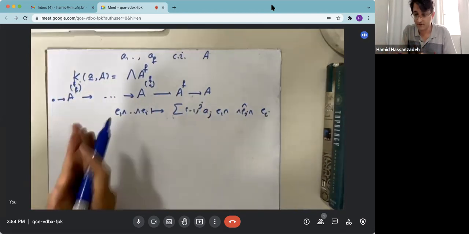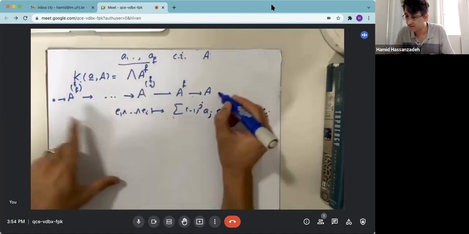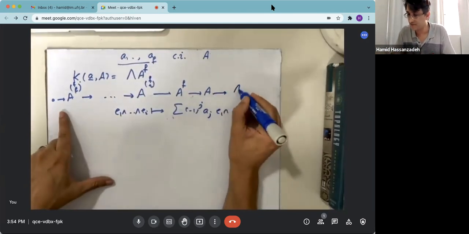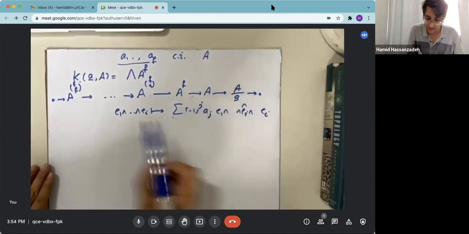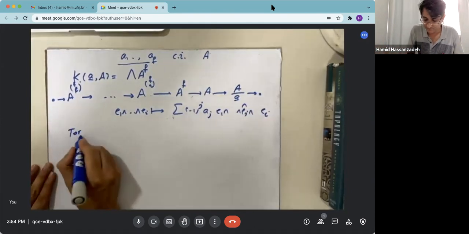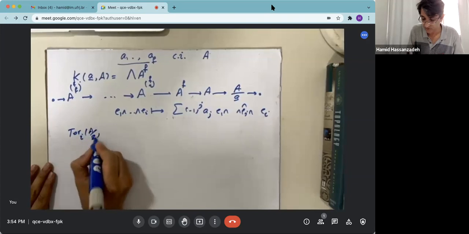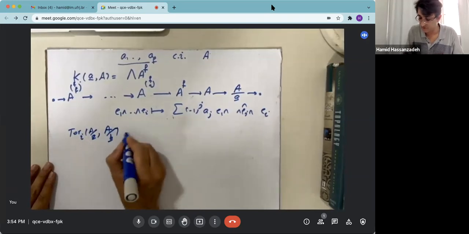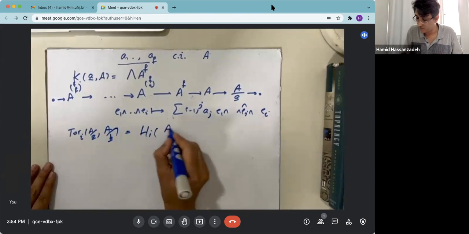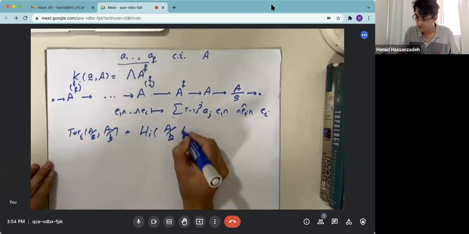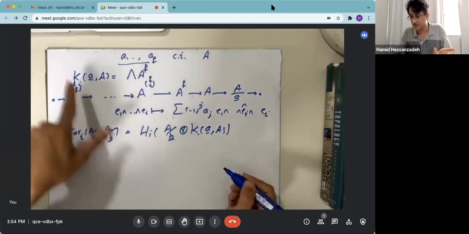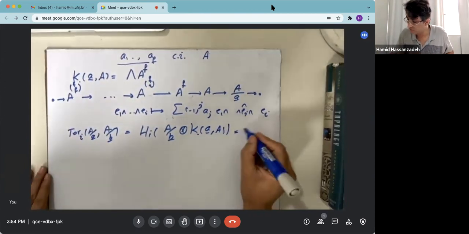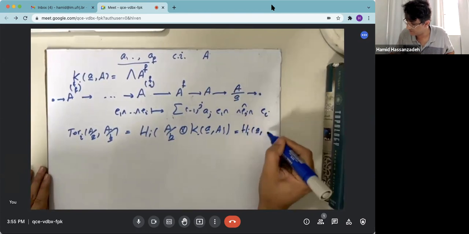When this is a complete intersection, then this is the free resolution of A/𝔞 over A, and when you want to calculate the Tor, you just need to tensor A/𝔟 with the Koszul complex and calculate the homologies. So these are just the homology modules of the Koszul complex.